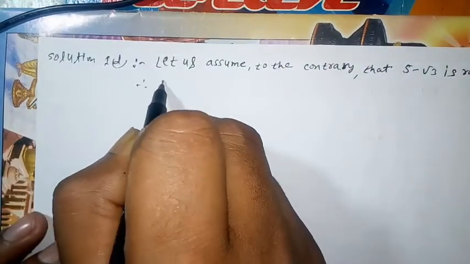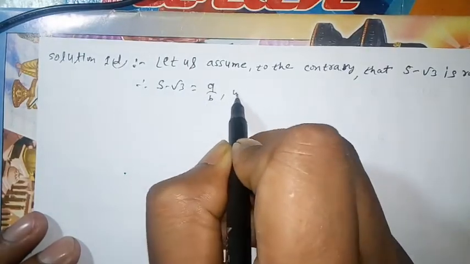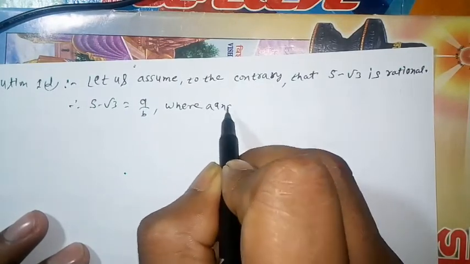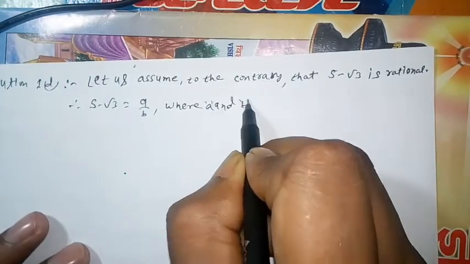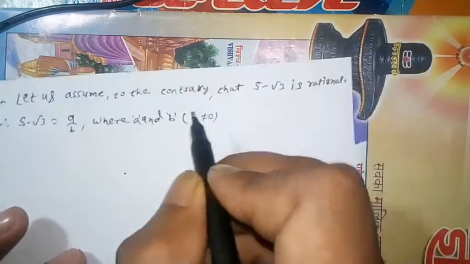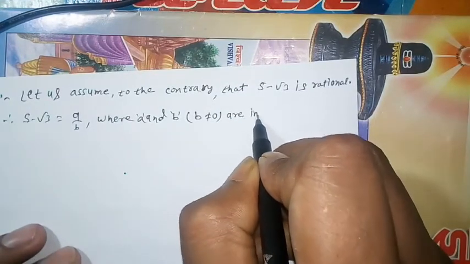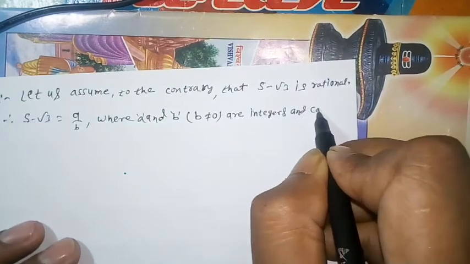Therefore, 5 minus root 3 is equal to a by b, where a and b are integers, b does not equal 0, and a and b are coprime.